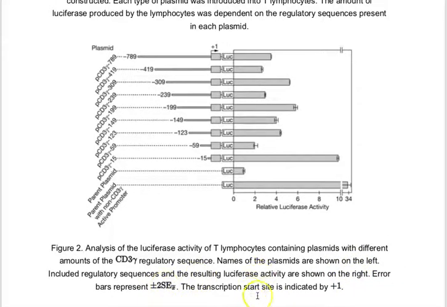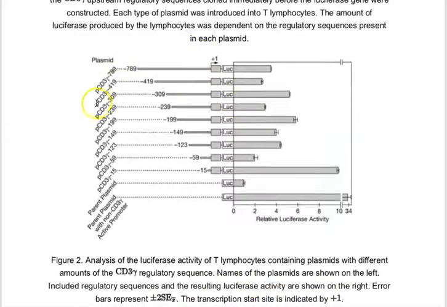The transcription start site is indicated as +1. So this is telling you that you've got the promoter sequence of CD3, and then it's telling you the different fragments. Remember that you're cutting this sequence into different fragments, and those are being inserted into different plasmids, and those plasmids are being inserted into different T lymphocytes.